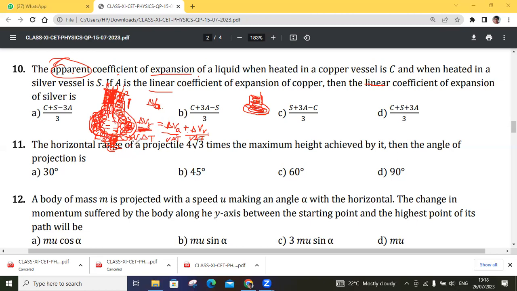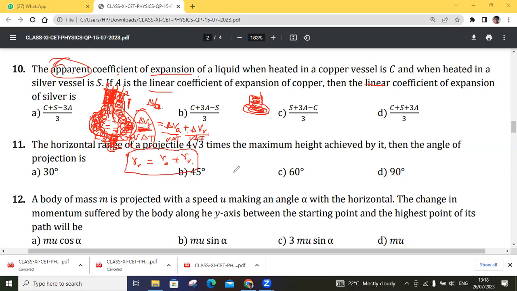So that is okay. Then delta V by V delta T will be gamma real, the real coefficient of expansion, and this will be the apparent coefficient of expansion, plus the coefficient of expansion of the vessel. So this you should know.